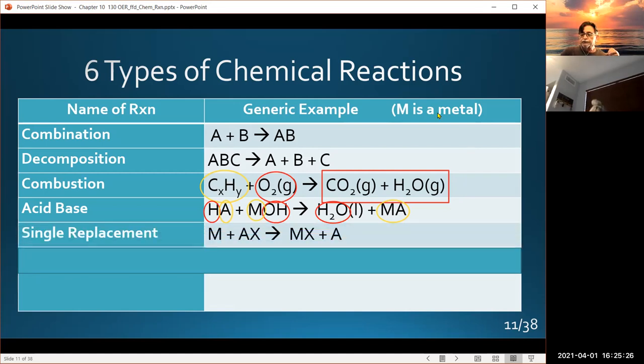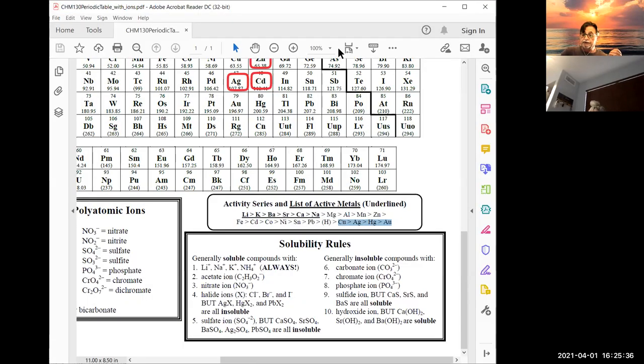Single replacement reaction. In order for this to work and to understand, you have to utilize, from the periodic table, the activity series. And that is right above the solubility rules and right below the periodic table, in between the two.